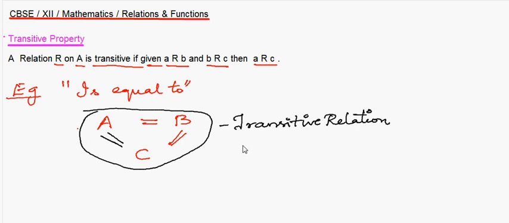This is called transitive relation. I hope you are clear with this.